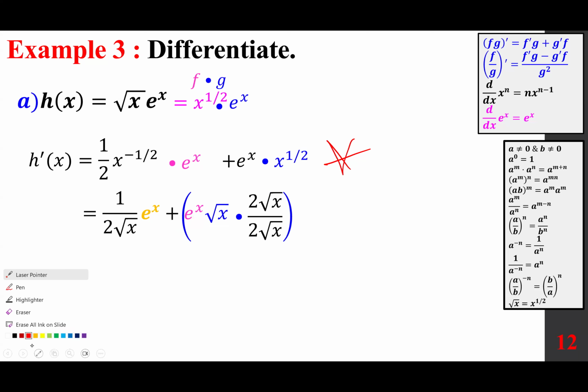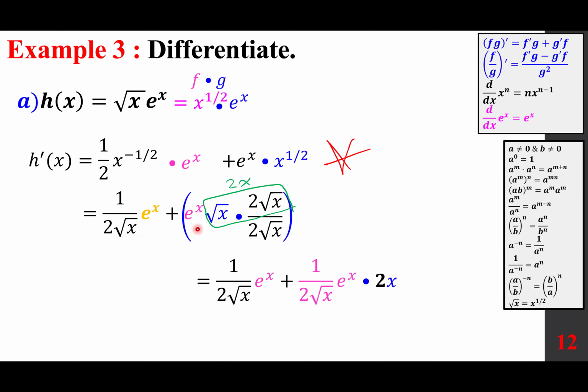So all you have to do is combine this into 2x, because square root of x times square root of x is x. And so this is the same as this one. And so you rewrite this as 1 over 2 square root of x e to the power of x plus 1 over 2 square root of x e to the power of x times 2x.